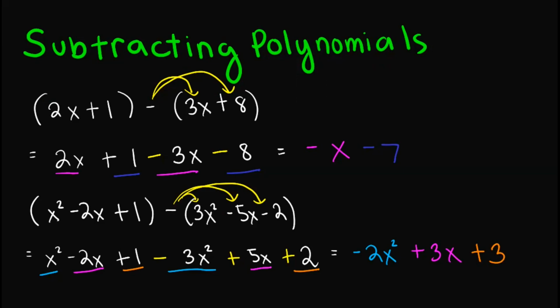So again, the key is simply distributing the negative sign inside the terms of the parentheses beside it.